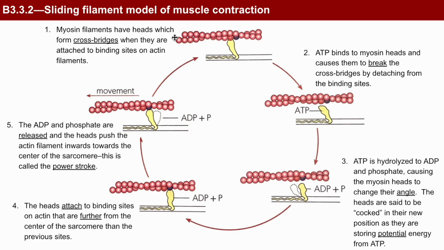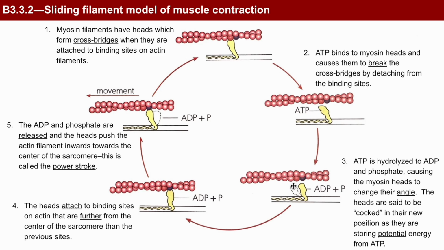Okay, so this thin red line here represents our actin filament. This is our myosin head in yellow. Now, this is our cross bridge that has formed. ATP can bind to the myosin head, which causes that cross bridge to break and the myosin head to detach from the binding site. ATP gets hydrolyzed to ADP and phosphate.